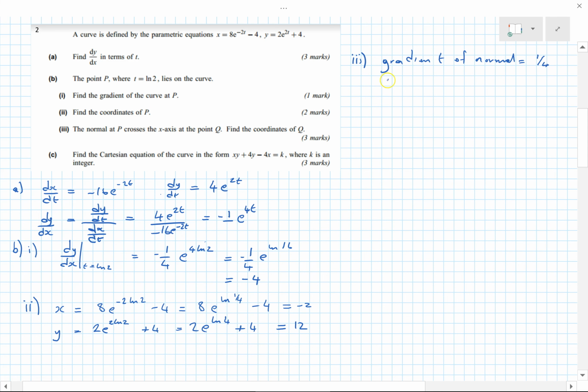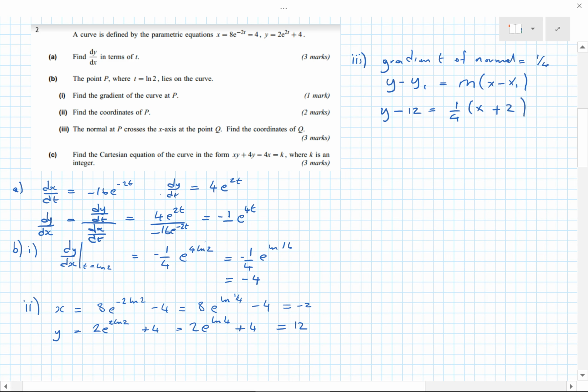So then we can use y minus y1 equals m times x minus x1. It's all set up for us because we've been asked to find the x and y coordinate in part 2. So we can do y minus 12 is equal to a quarter x plus 2.